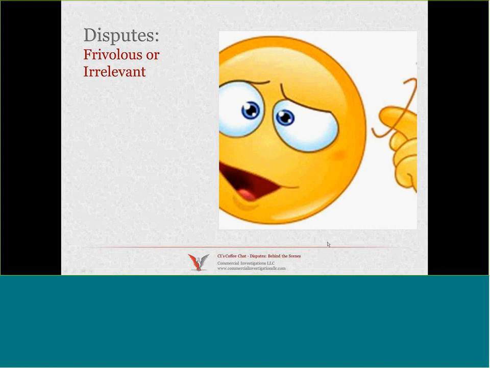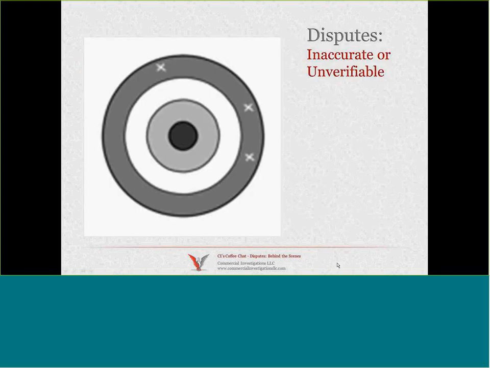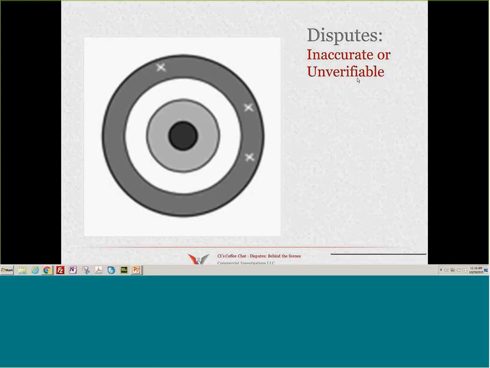And what about inaccurate or unverifiable information? That's interesting. If we have inaccurate or unverifiable information, we cannot use it. A lot of times we never get to this point because, as I mentioned before, we do primary source verification as part of being a consumer reporting agency. So we've done a lot of research before you get the original information.